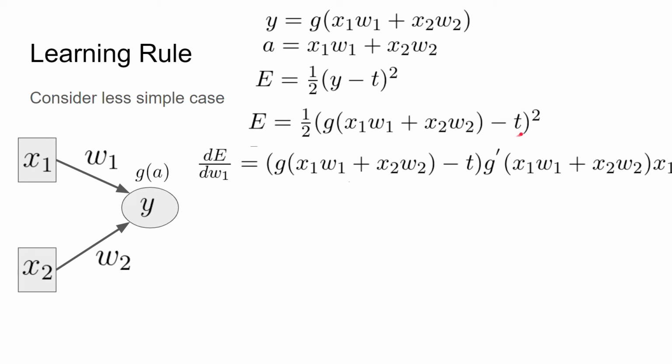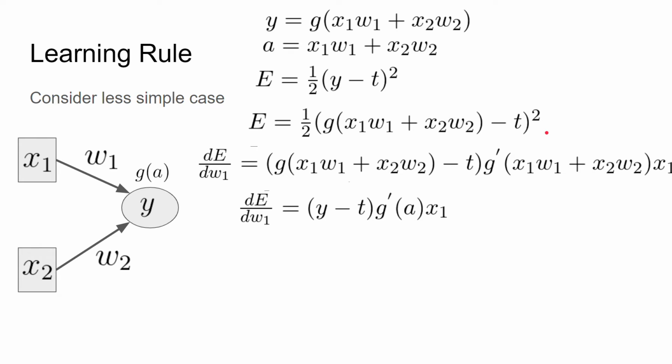Chain rule is going to say, oh, shoot, we also need now the derivative of this function. So that new term is now going to appear that didn't before. And then we still got that x1 at the end because that's the derivative of the thing inside the parentheses with respect to weight 1. So we get this new term.